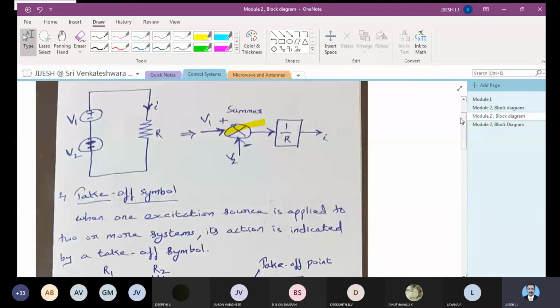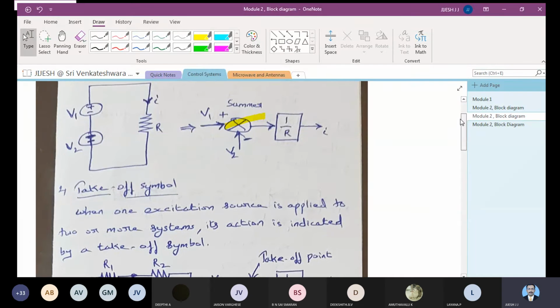So all this summing point here, in control systems, understanding the things is quite easy. But when you really go to solve the problems, you should be very careful. You should not miss any small things, like some of them don't care about the plus symbol and the minus symbol and all those things.